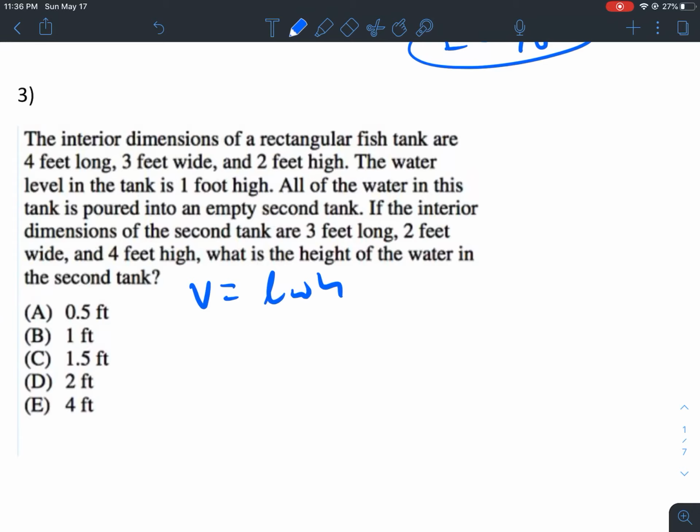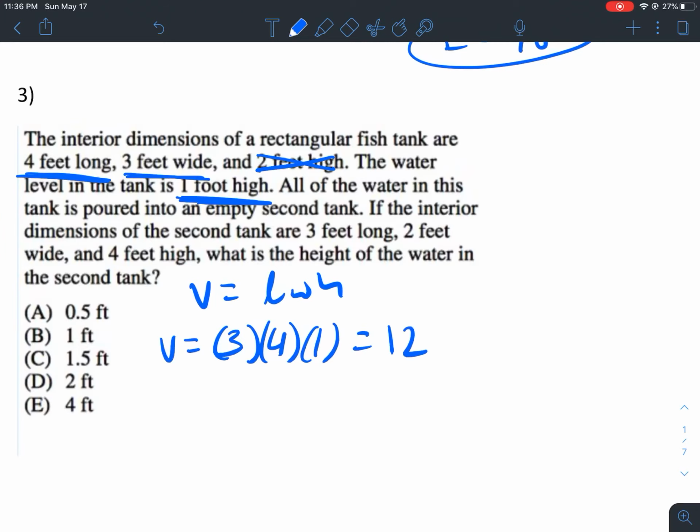So if we look, the water is actually only 1 foot high. So we're going to use our base of 3 and 4 for our length and width. However, it's not filled up all the way, so we're not going to use the 2. We're going to use the 1. So when we do that, we get 12. It's going to be 12 feet cubed.